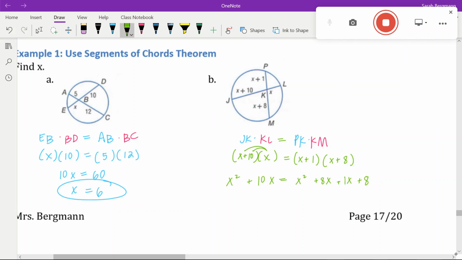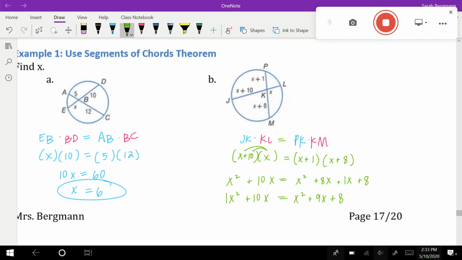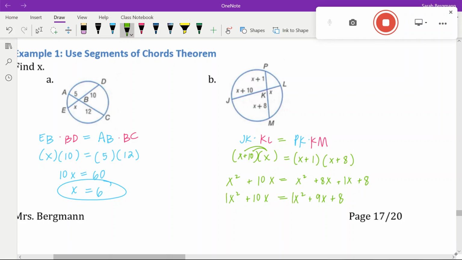Once you've distributed everything, now we can combine like terms. So we have x squared plus 10x equals x squared plus 9x plus 8. Notice that there's an x squared on both sides. If these are balanced on both sides of the equation, they can just cancel each other out, because if you subtracted x squared on either side, you'd end up with 0.